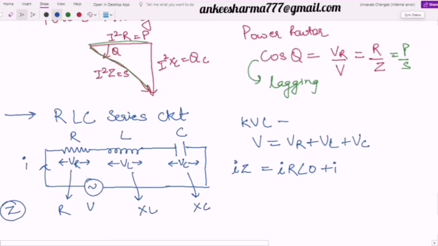So the impedance over here will be XL, and the angle with which the voltage and current are related is plus 90 degree. Then the capacitor: it is I into XC, and the angle over here is minus 90 degree. So this is important.